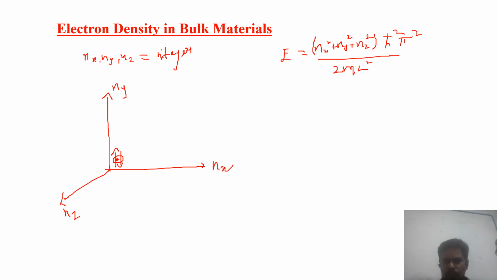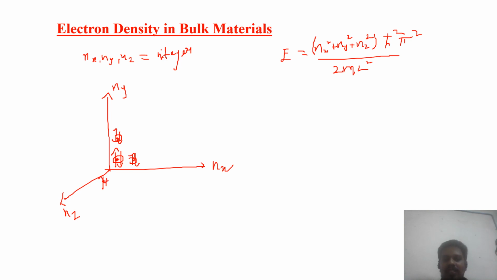Suppose 211 represents this point, then the next point 121 represents this point, and the next point 112 represents this point. These are the next allowed energy states for the electron. These three points can each be occupied by 2 electrons, that means 6 electrons can occupy, but these energies are the same, and that is called degeneracy.